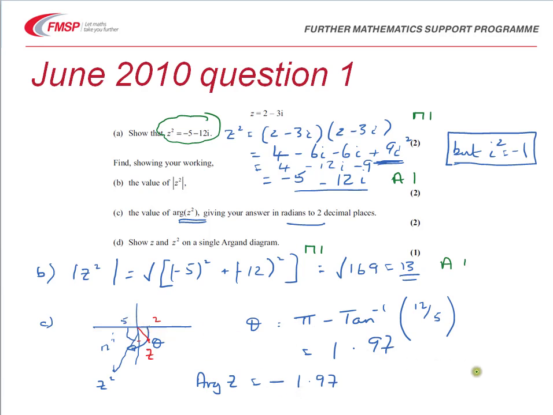Remember that the argument goes between negative pi and pi in radians. You would probably get marks if you went round in a complete circle. However, really it should be lying between negative pi and pi, so you have positive and negative values for the argument.